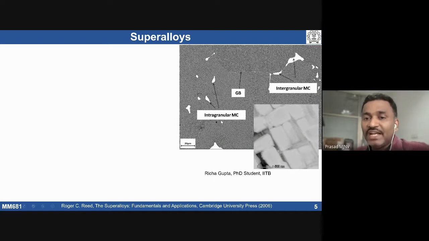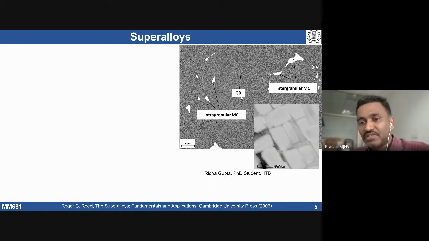We see intragranular and intergranular, so different types of compounds are present. The strengthening and the creep resistance are derived by having different types of precipitates, carbides and borides.